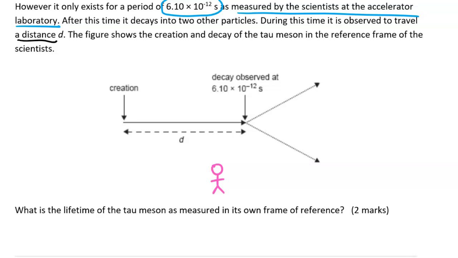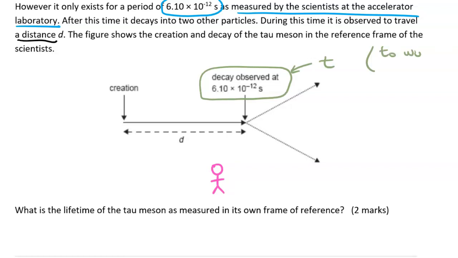Number 1, this time. This is the time measured by the scientists. This is not the proper time. This time is t, which is the dilated length of time. The proper time would be measured from the tau meson's frame of reference.